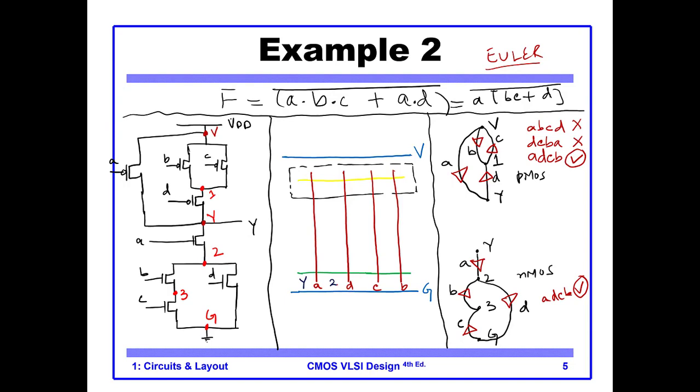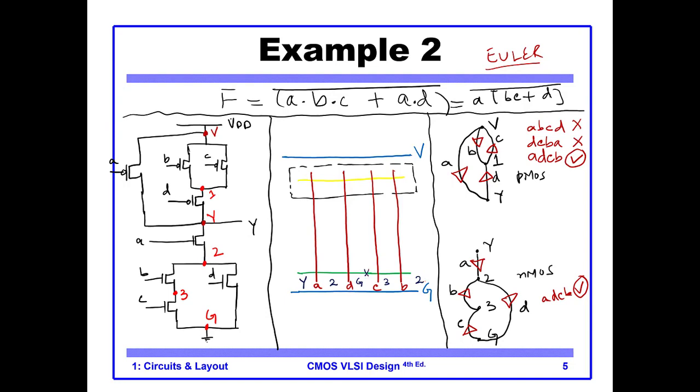because D is also connected to 2, okay, and the other side of D is connected to ground. Similarly for C, one side is connected to ground, the other side is connected to 3. Similarly for B, one side is connected to 3, the other side is connected to 2. Now it's quite straightforward.